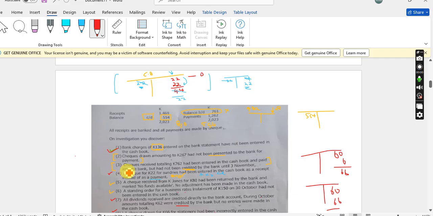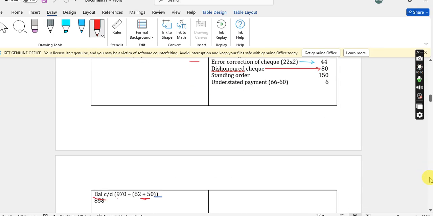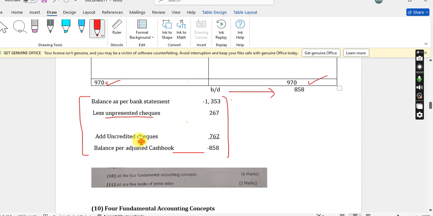Then the next transaction: checks received totaling 762 had been entered in the cash book and paid into the bank, but had not been credited by the bank until 3rd November. So this is an uncredited check. It's money coming in, so you're adding. So you're going to say negative 1,353 minus 267 plus 762.